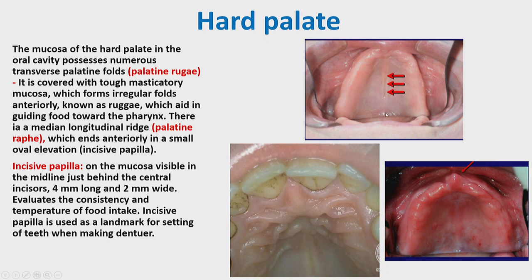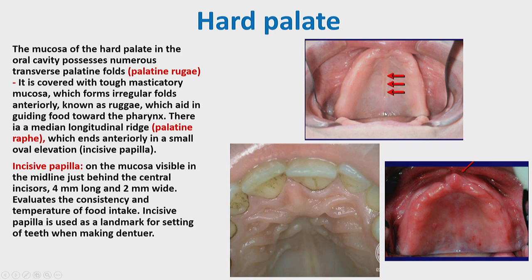Another structure that you can see in the hard palate, in the midline, is called the palatine raphe, or the median longitudinal ridge, and here the mucous membrane is firmly attached to the periosteum, so there is almost no submucosal connective tissue, and that is why it usually prevents the spread of infection from one side to the other.